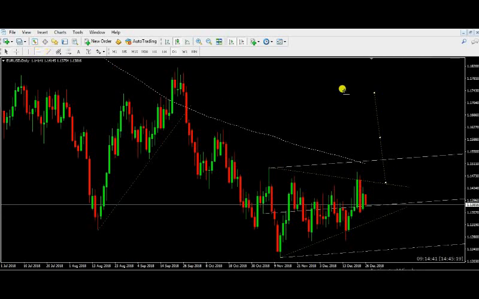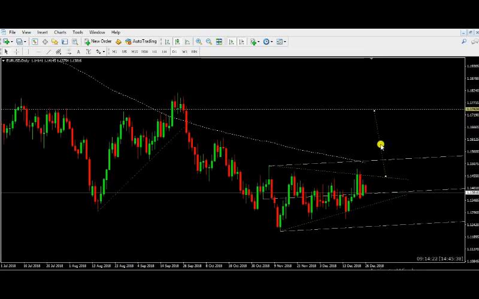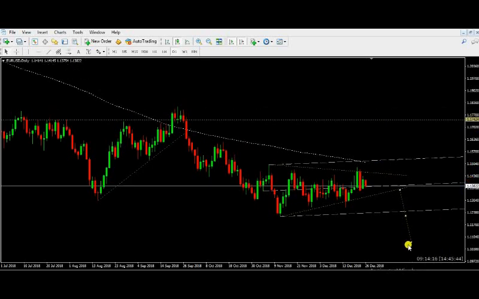So this would be a very interesting area because we already have this being a roof. If this is to happen, this would be very, very plausible. Also, if this pattern is to break down and go lower, this will be our take profit area. So instead of that being the roof, this area is going to be the roof.